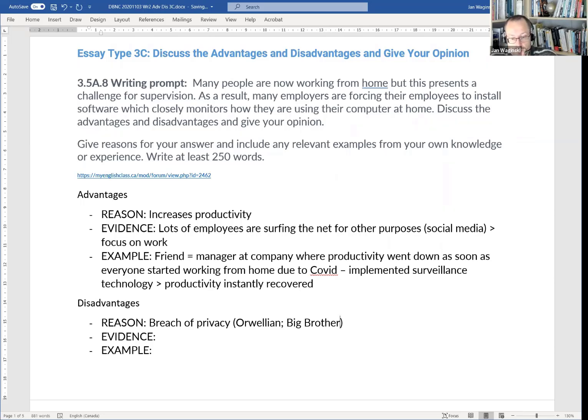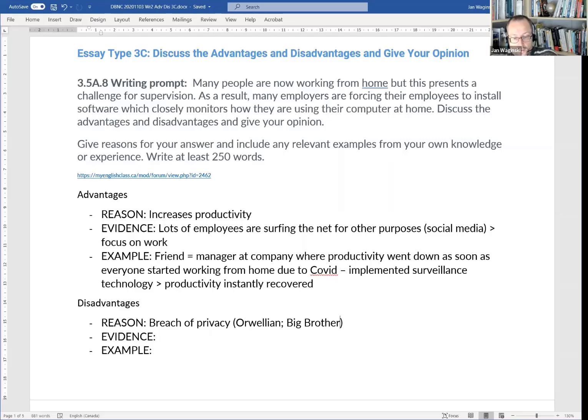And that's why they call it Big Brother, because there's cameras in every room. So this is actually a term, Orwellian, that refers to too much or excessive government surveillance. They know too much about you.